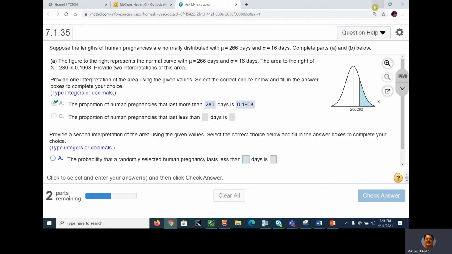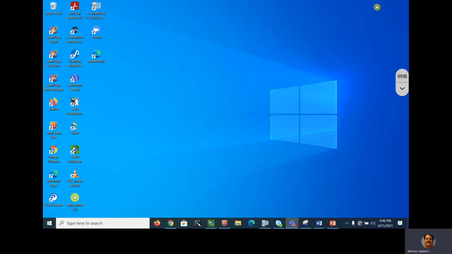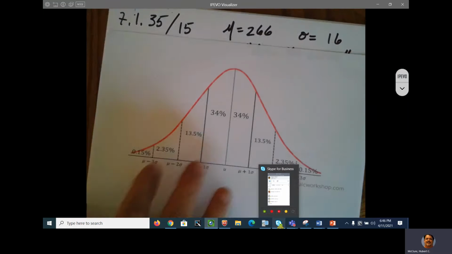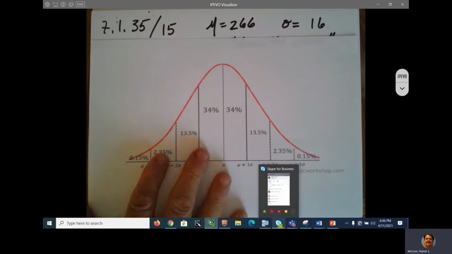Okay, so I'm going to draw the curve. Here's my curve. I'm going to have to use a calculator on this because I'm not going to try to do it in my head. There's the curve.